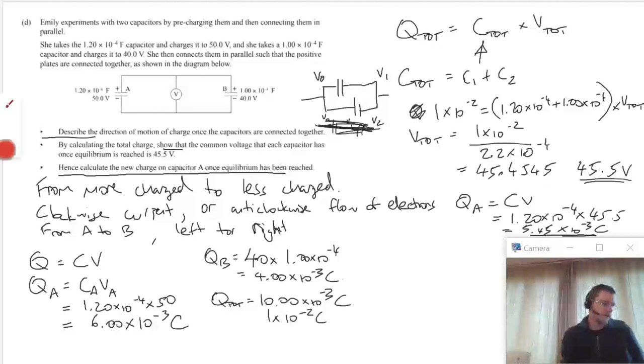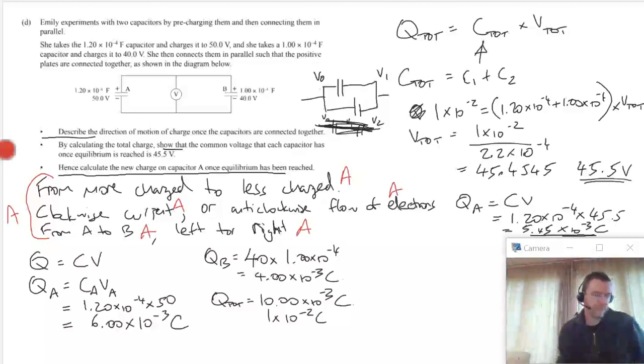In this question, lots of things were potentially worth achieve points. To start with, all of this was worth an achieve point. Any bit of it, sorry. This was worth an achieve point. This would have been worth an achieve point. This or this, any of those could have got you an achieve point.